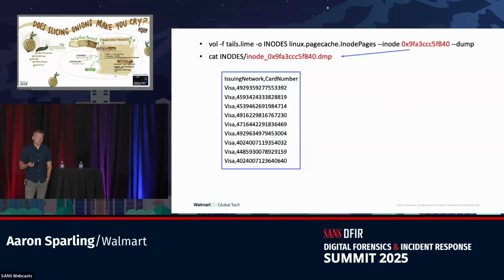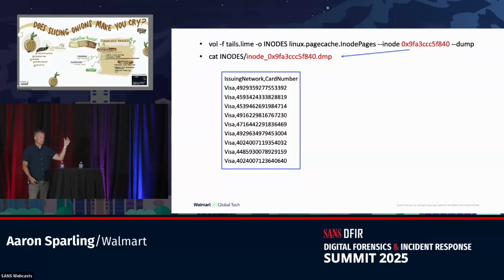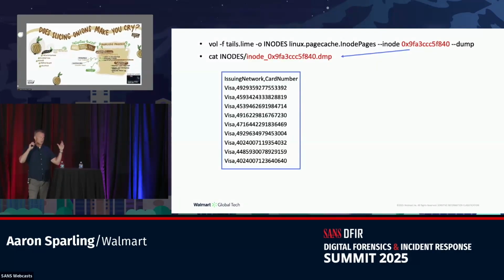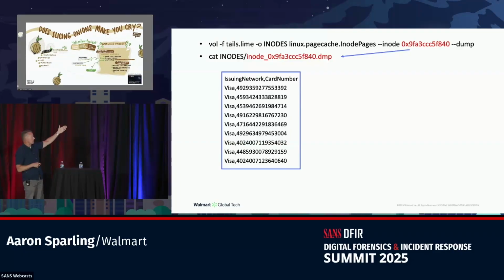But then what we want to do is dump this stuff, right? There's a plugin called page cache inodes pages. We take the physical address of the inode that we saw in the previous plugin, and we basically just dump that inode. That's what's happening here. I'm giving an output directory called inodes.